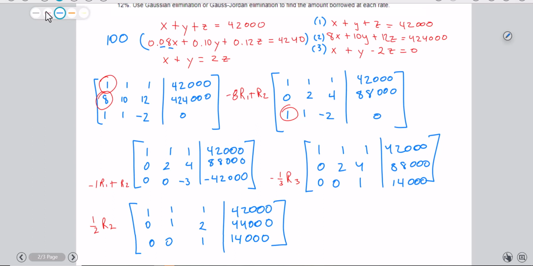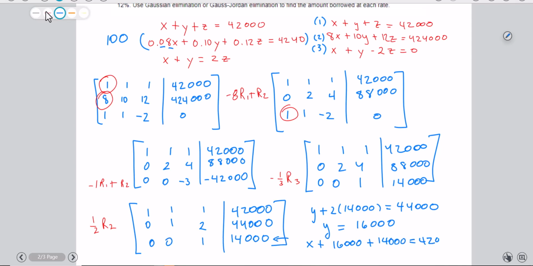Now I know what z is, so remember this is my z, that I can simply take my 1y plus 2 times z equals this 44,000, and solving this I get 16,000, and then finally I can use my x plus y plus z equals the 42,000, and if you solve this you get x is 12,000.